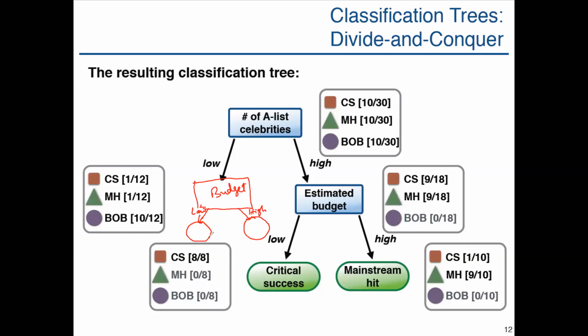What happens in this part? अगर आपका budget low है, तो in this case I'm actually getting 5 box office bursts, and I think that it was 1 critical success. And on this side, I'm getting 5 box office bursts and 1 mainstream hit. Okay, so this is the other option that I have.